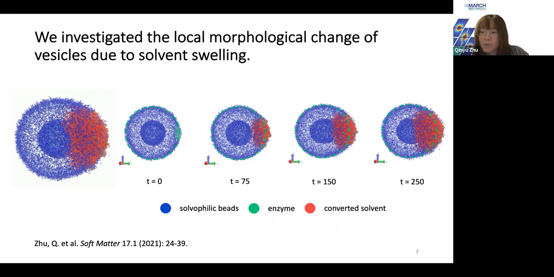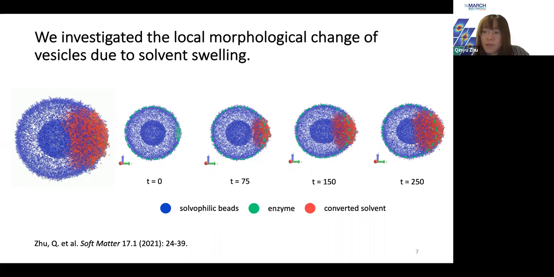The figure shows a time series of this reaction in which we can observe a clear local swelling when we compare to the initial vesicle structure, because the converted solvents tend to diffuse in and mix with the solvophobic particles.